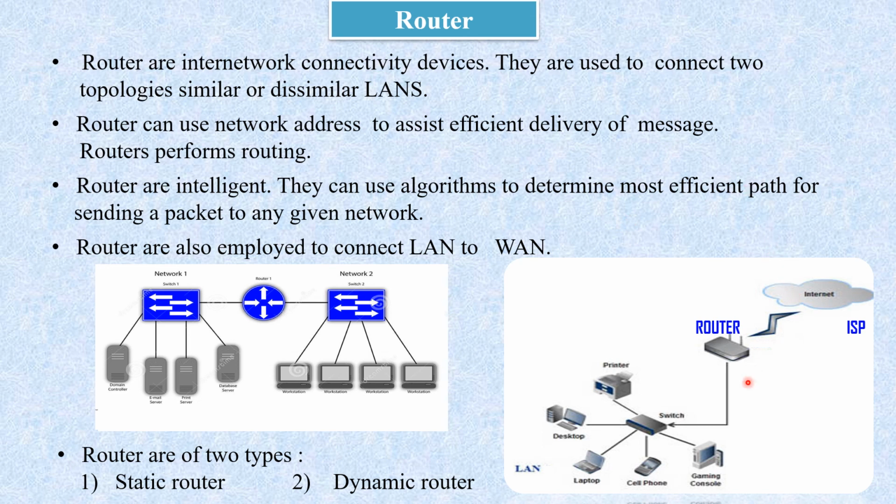That makes it possible for the ISP network to provide internet connectivity to our local area network. So a router is connected to at least two networks, commonly two LANs, or a LAN and a WAN, or a LAN and an internet connection, as shown in the figure. Routers are employed to connect LANs or WANs. Routers are of two types, static router and dynamic router.